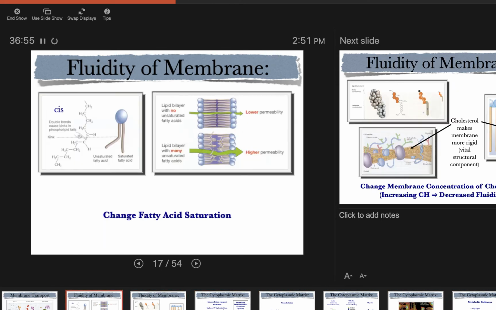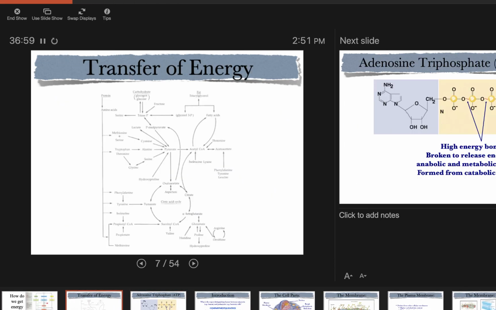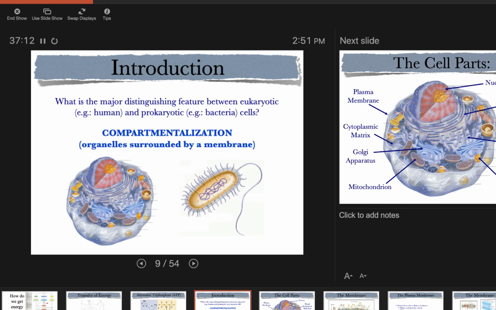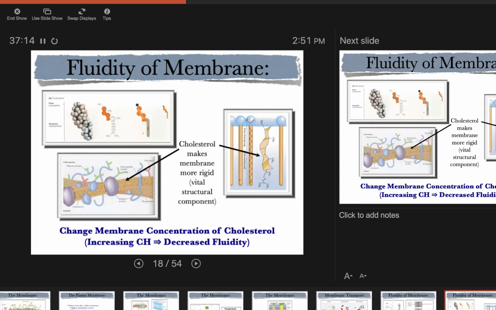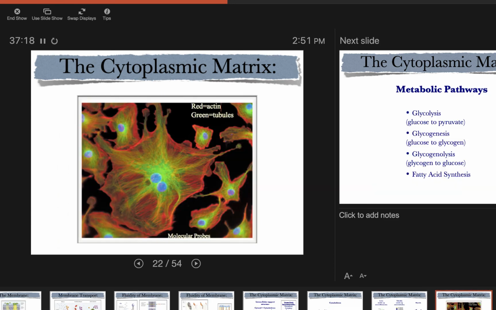We can see it. You can't see that very well. Here's acetyl-CoA. Here's the fatty acid. That happens in the cytosol. And there's quite a few places in the body that can make fatty acids. We'll talk about that later.